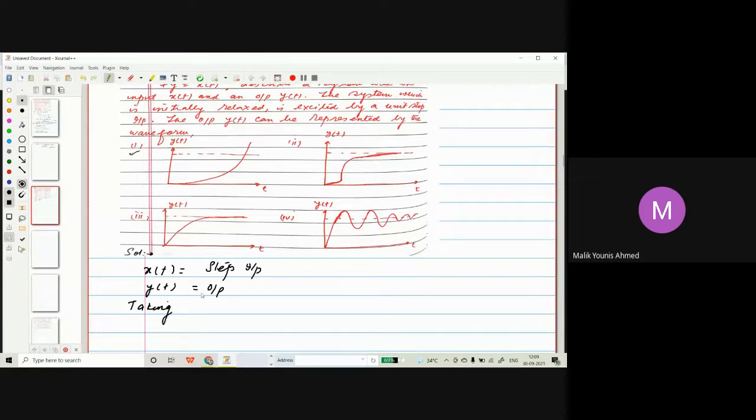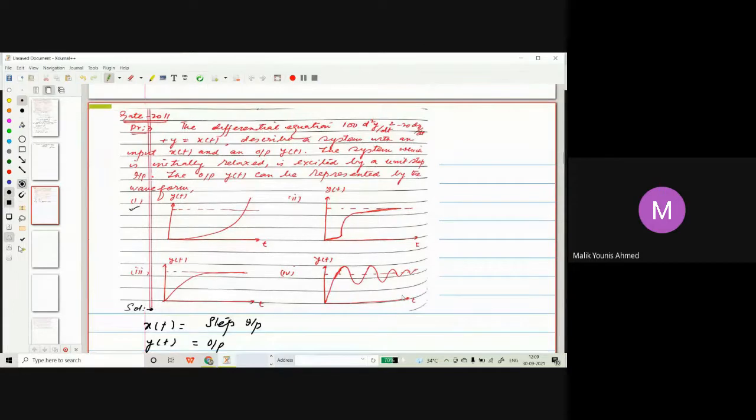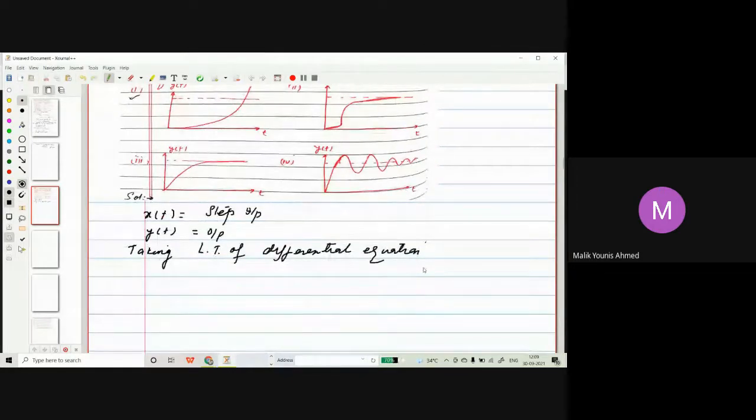Okay, now taking the Laplace transform of the differential equation which is given above. This is given as 100. I can memorize it.